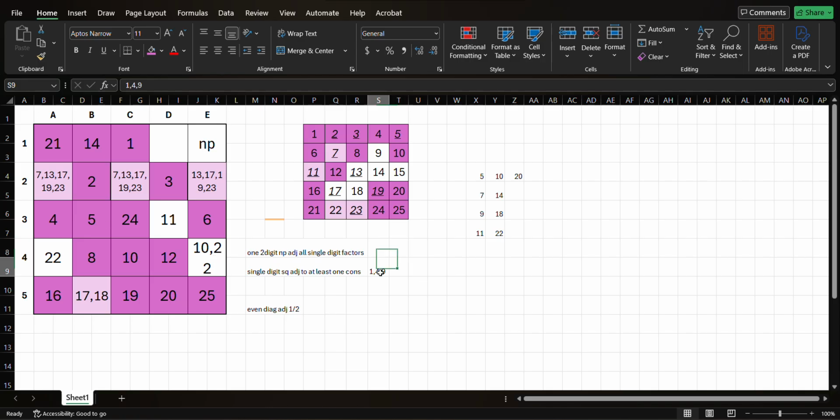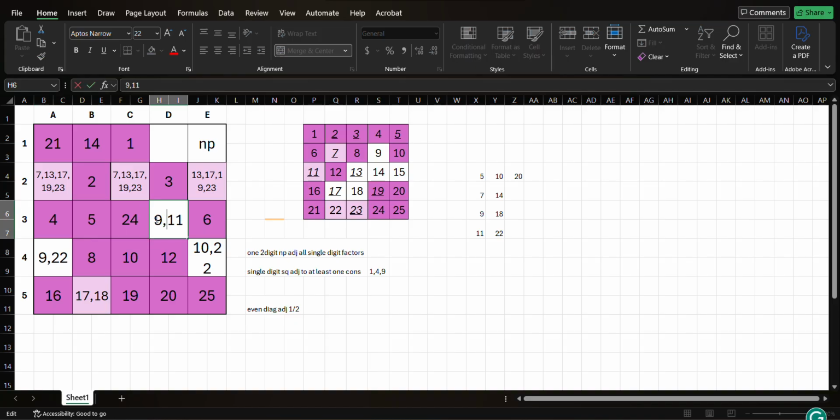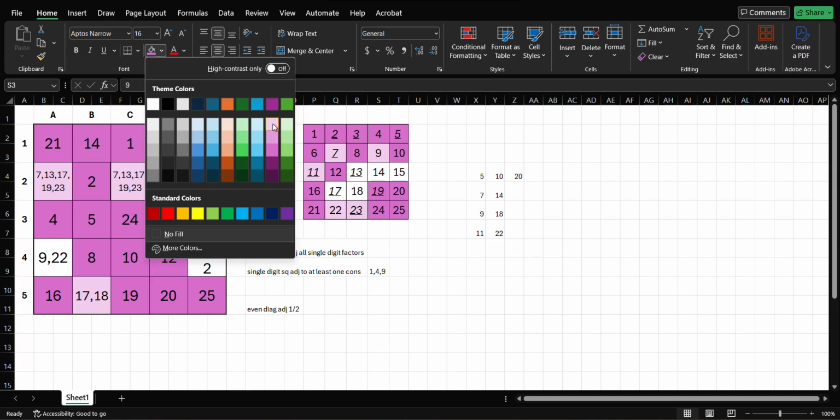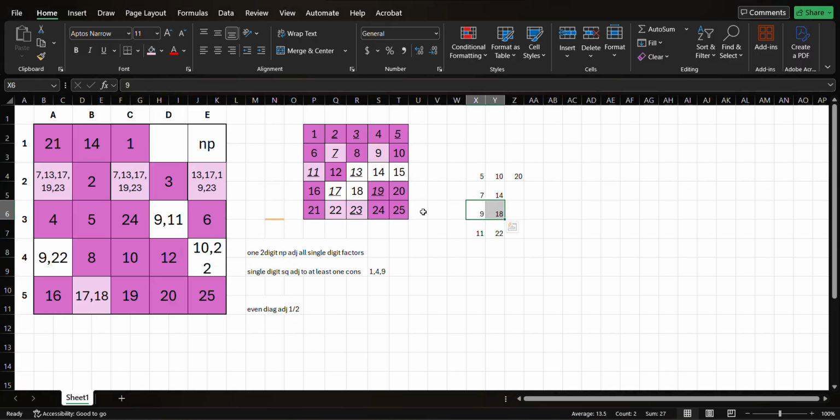So that's the 4 covered, and then the 9. So the 9 would have to be adjacent to either an 8 or a 10, which means the 9 could go in this spot or in this spot only. So then we can look again at this 18.